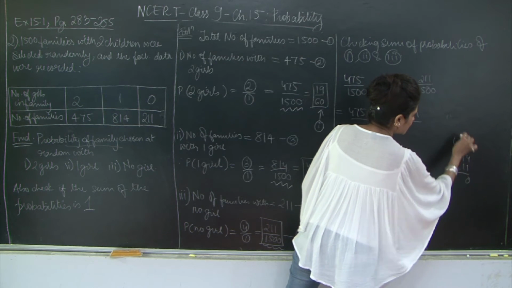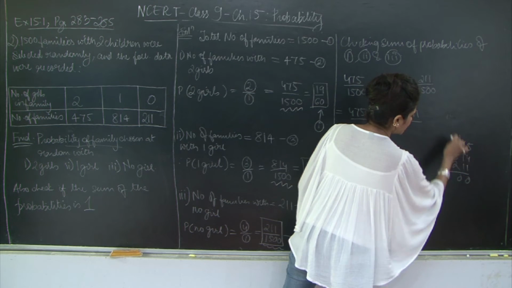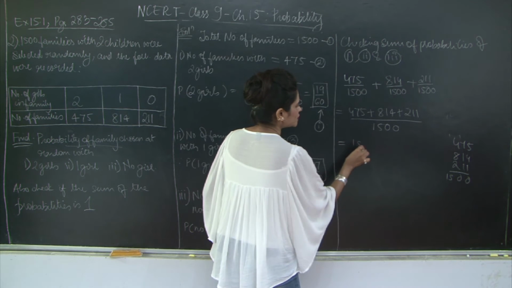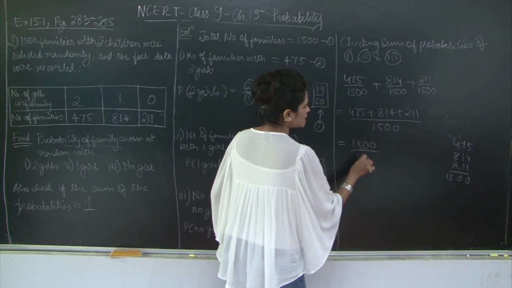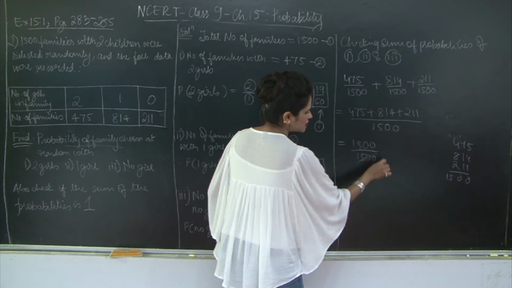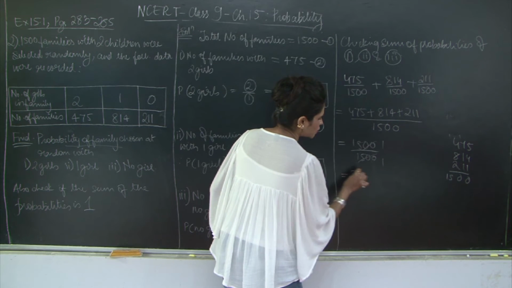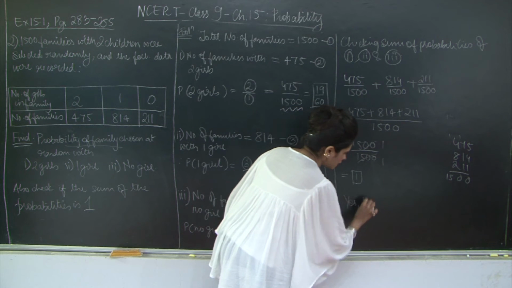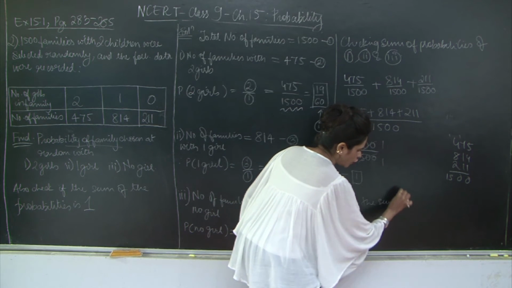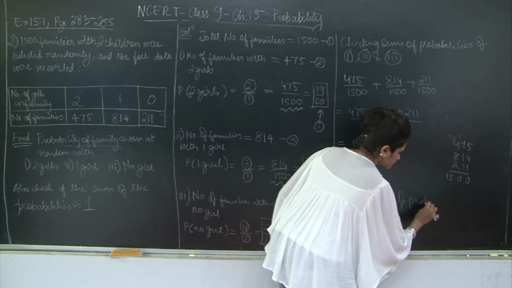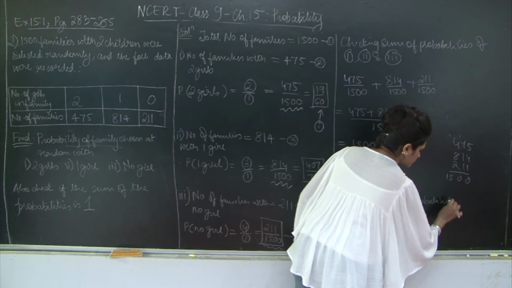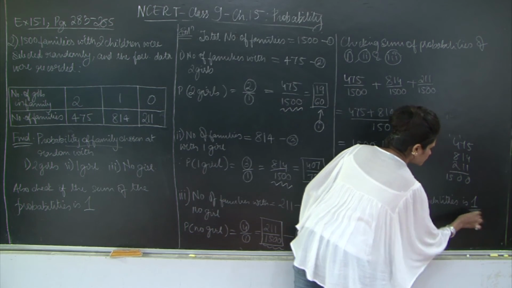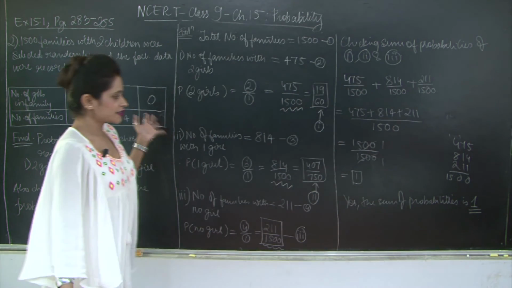So this is 10, then you get 7, 8, 9, 10, then 8, 9, 10 and 15. So this is equal to 1500 upon 1500. So ones and ones. This is equal to 1. So I'll say yes, the sum of probabilities is 1. So please take a look at the solution.